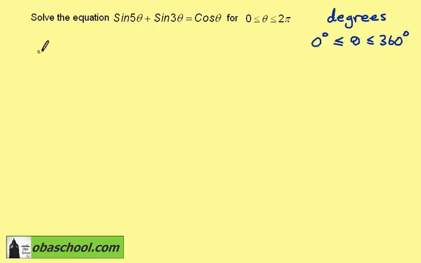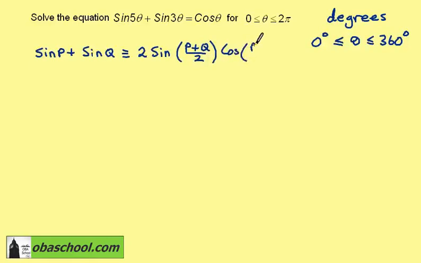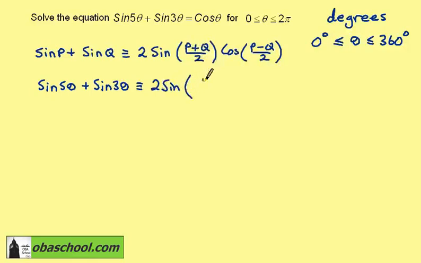Let's look at sin 5θ + sin 3θ. We know sin p + sin q is identical to 2 times the sine of (p+q)/2 times the cosine of (p-q)/2. So sin 5θ + sin 3θ must be identical to 2 times the sine of (5θ + 3θ), which is 8θ, divided by 2, giving us 4θ.